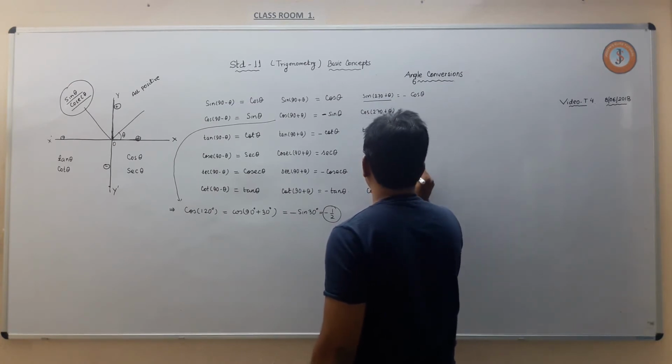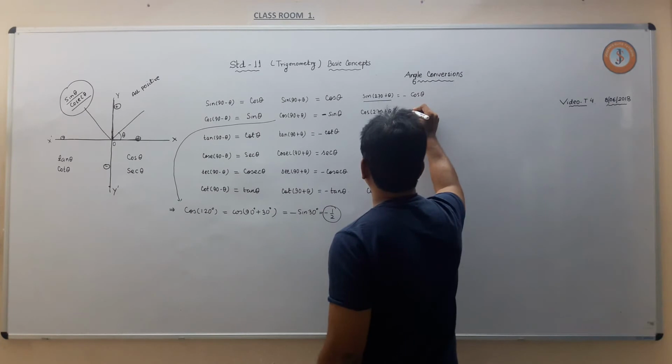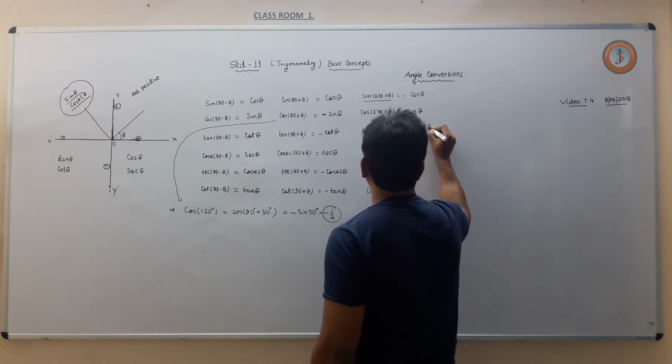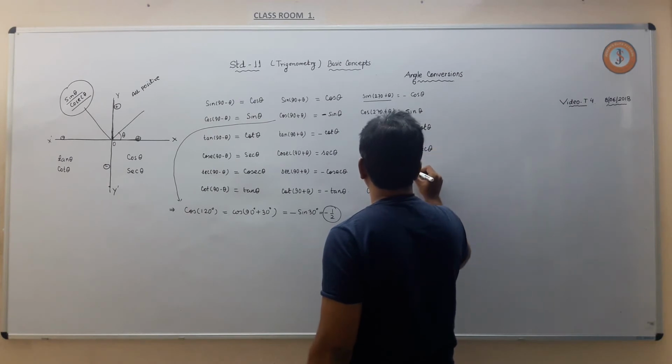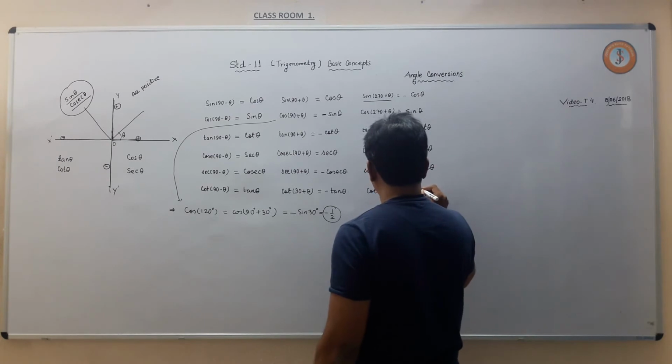So the results in the fourth quadrant, if you understand, this will be positive, so this will be sine theta. This will be negative, so this will be minus cot theta. This will be minus sec theta, but this will be plus cosec theta, and this will be minus tan theta.